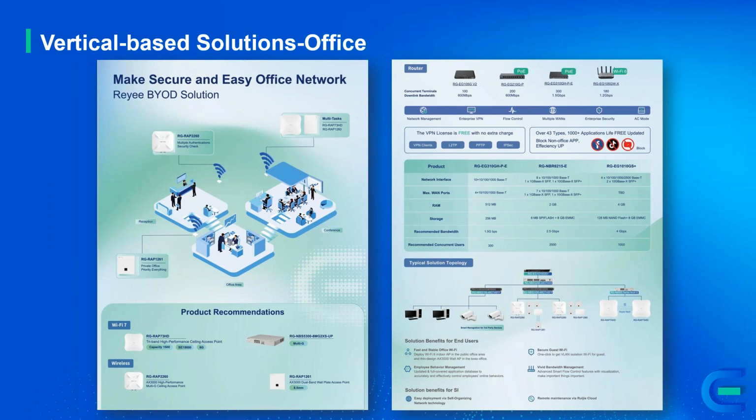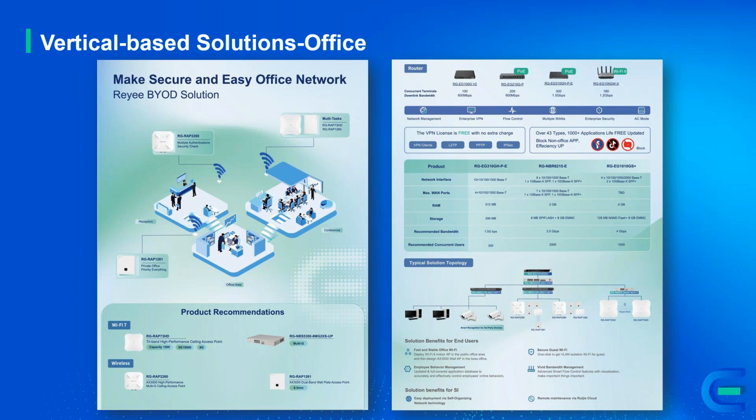So we have the product recommendation here with the specific keys of this kind of solution, like application blocking, VPNs, flow control, network management, etc. And now we can see the solution for this kind of scenario with different APs and switches, and the switches can be plugged into a camera, and we can manage the CCTV connection or the connection between the laptops. We also program a captive portal, a VPN, VLANs, etc.